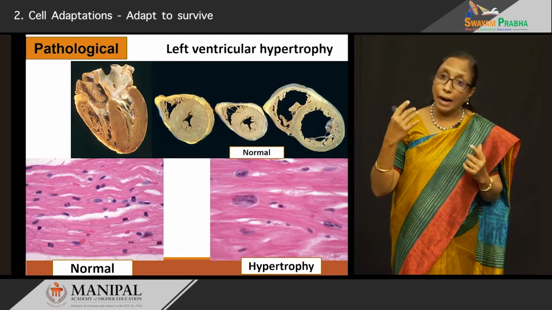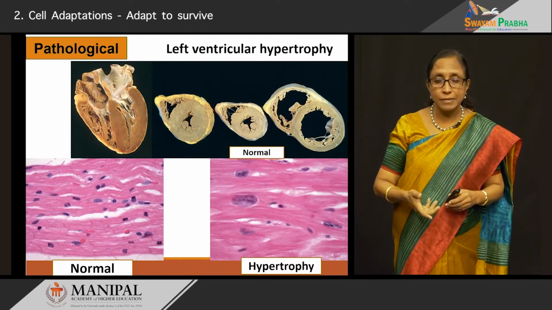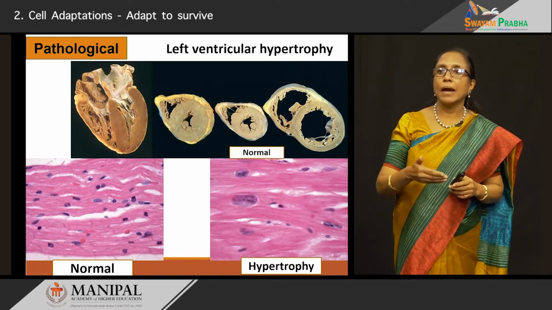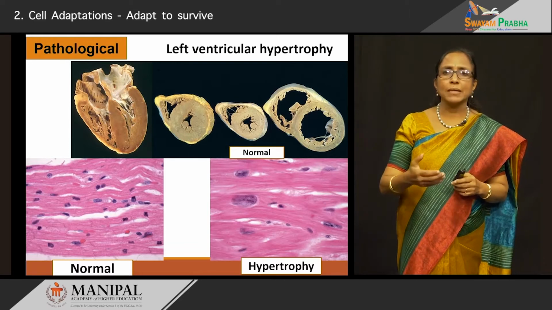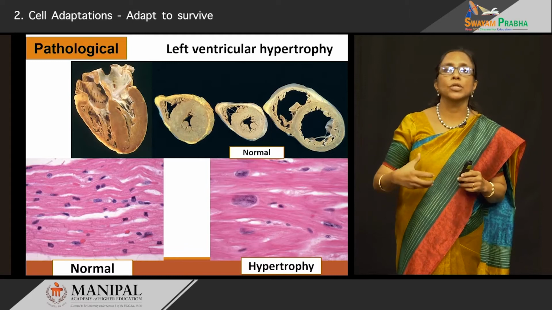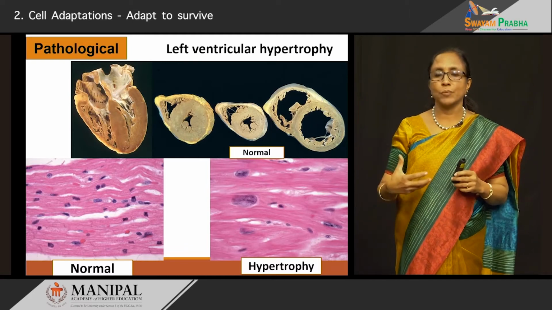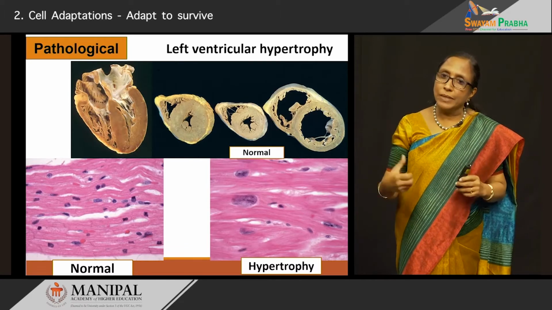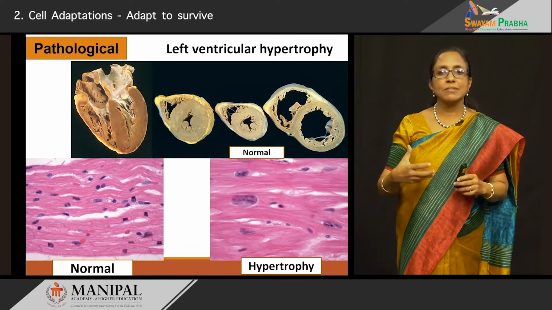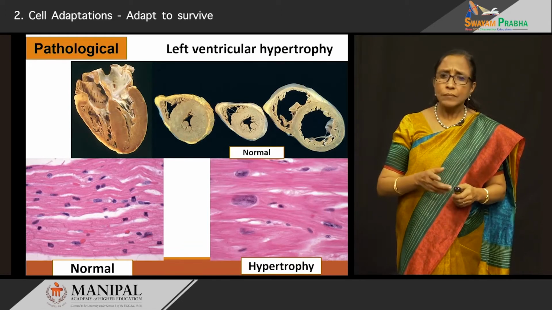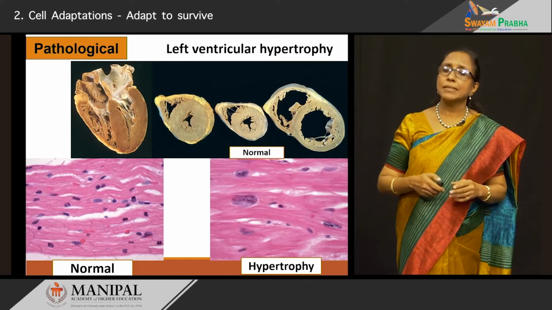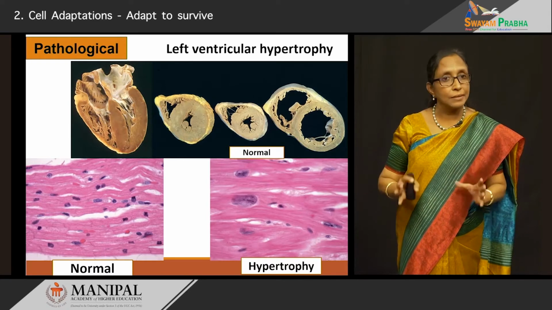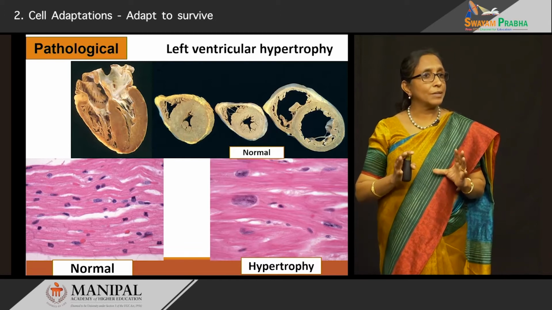That means the patient may be hypertensive, or may have aortic valvular stenosis or something like that, that causes an obstruction to the outflow of blood from the left ventricle. So the ventricle has to pump more, and the muscles become thicker. When we look at the other extreme diagram, the whole size of the heart has increased, but the muscle wall is not that increased.